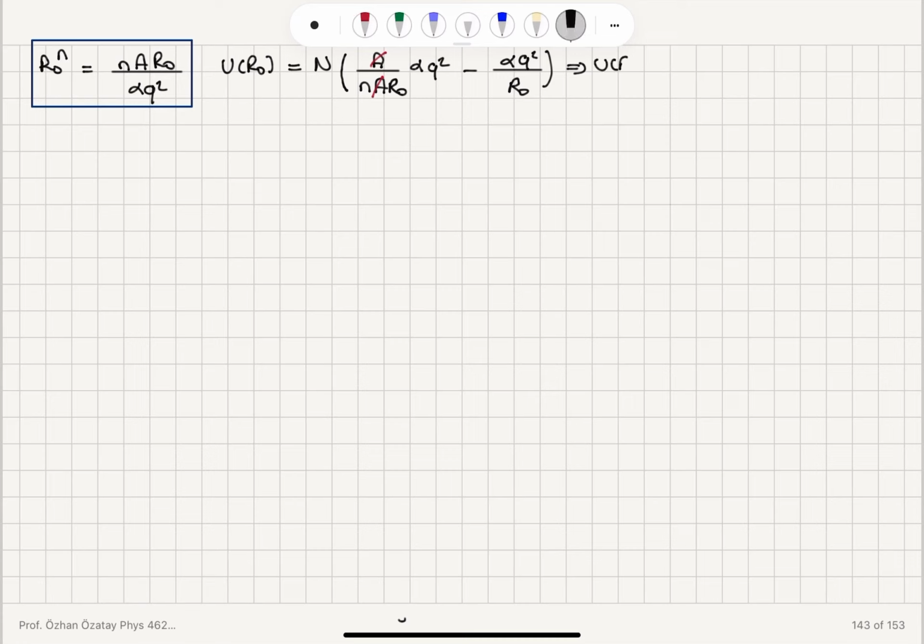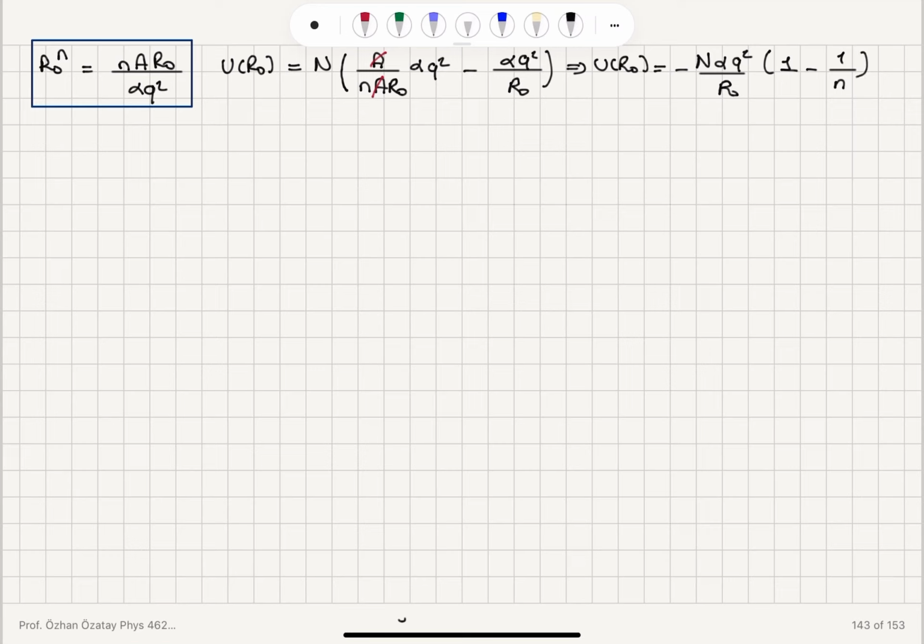U of R0 is equal to minus capital N alpha q squared divided by R0, parentheses, 1 minus 1 over n. So this minus minus becomes plus, the first term is N alpha q squared over R0, and then I have minus 1 over n.